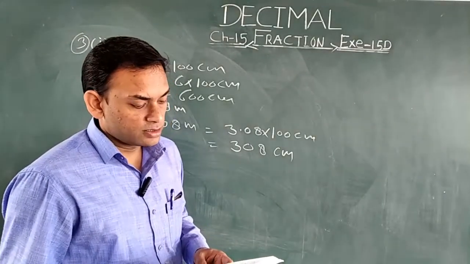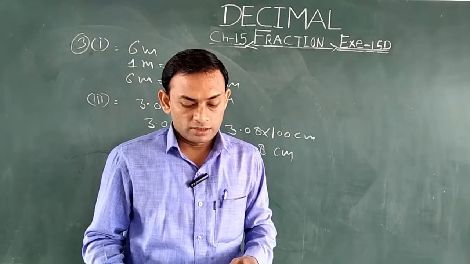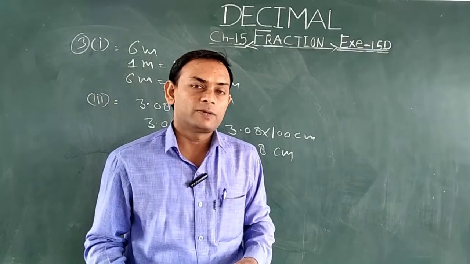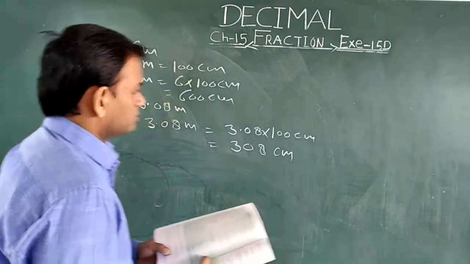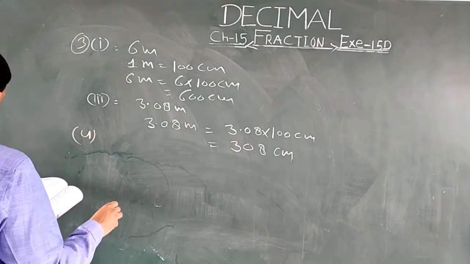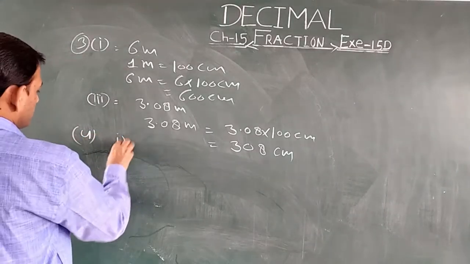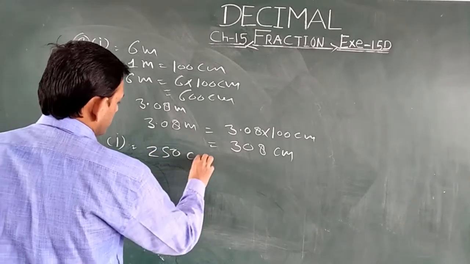Now the question number 4, express in meter. The value is given in centimeter and you have to change it into meter. The first part I am telling you is 250 centimeter.